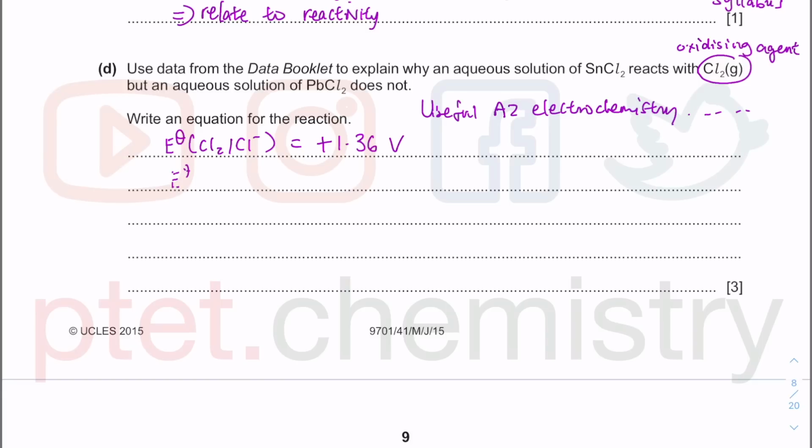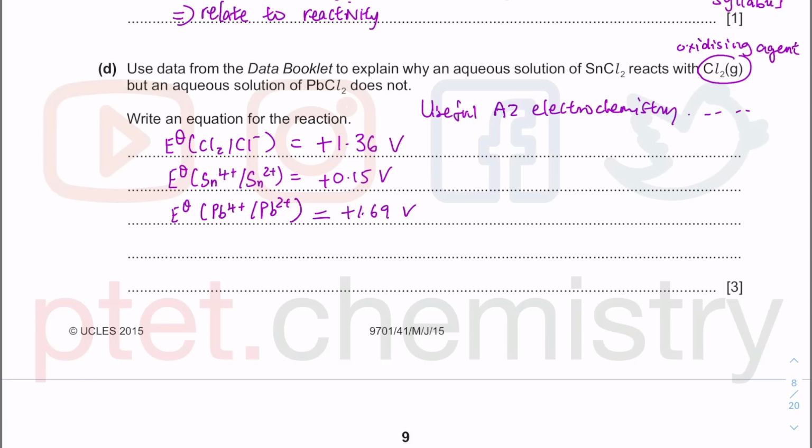So we have E naught Sn4+ and Sn2+, and that gives me plus 0.15 volt, whereas the E naught Pb4+ and Pb2+ gives me plus 1.69 volt.